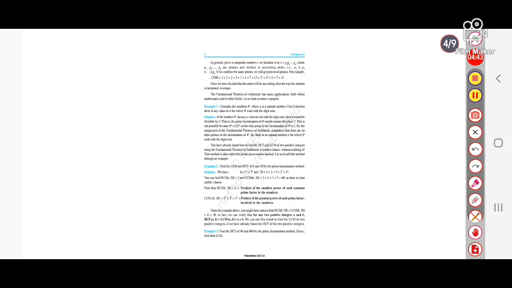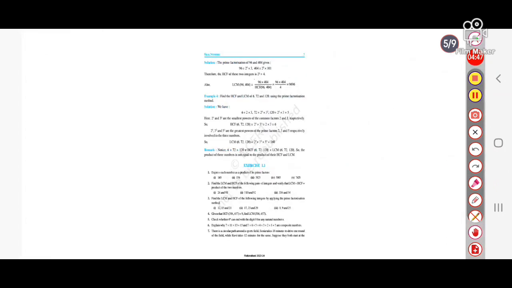Now let's see Exercise 1.1. Express each number as a product of prime factors. What are the questions given there?